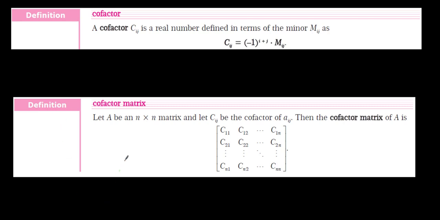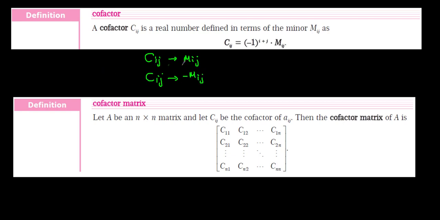Okay, now we are going to continue with the cofactor Cij. It is the real number defined in terms of the minor Mij as Cij is equal to minus 1 to the power of i plus j, which is the row number plus column number, times Mij. So it means that there are two possible cases here. It will be 1 or minus 1, which means that Cij will either be equal to Mij, or Cij will be equal to minus Mij.